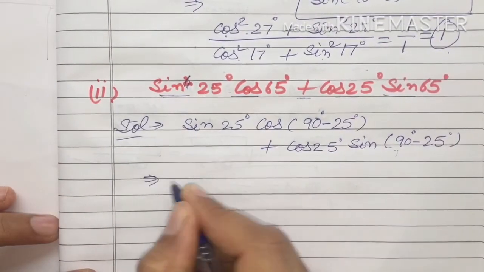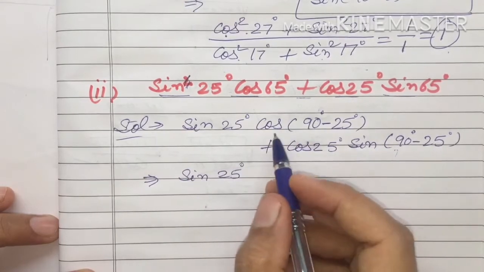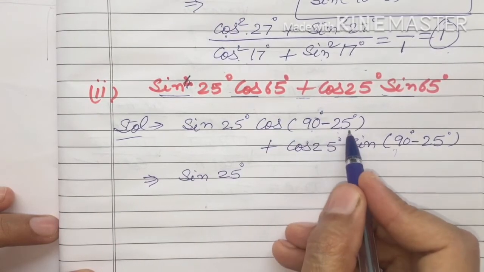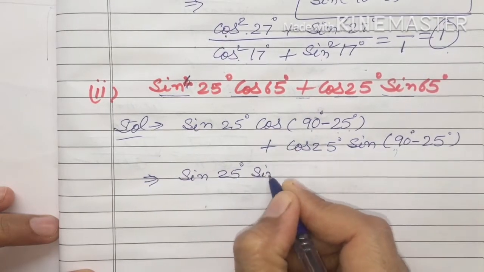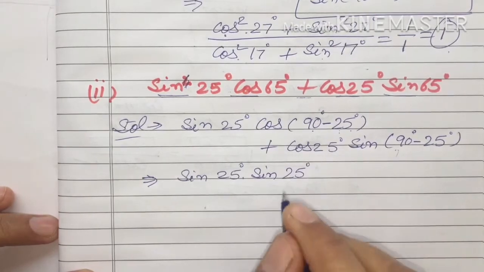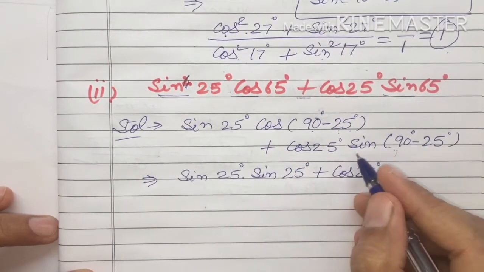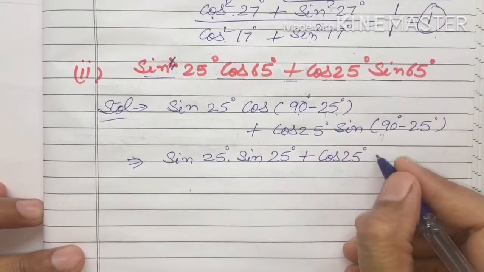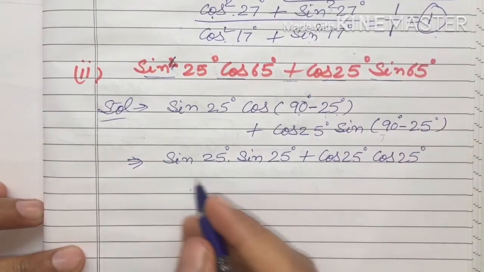So it will be sin 25 degree, and cos of 90 minus theta is equal to sin theta. So it will change into sin, and theta is 25, so I will write 25, plus cos 25 degree. This sin will change into cos, and theta is 25 degree.